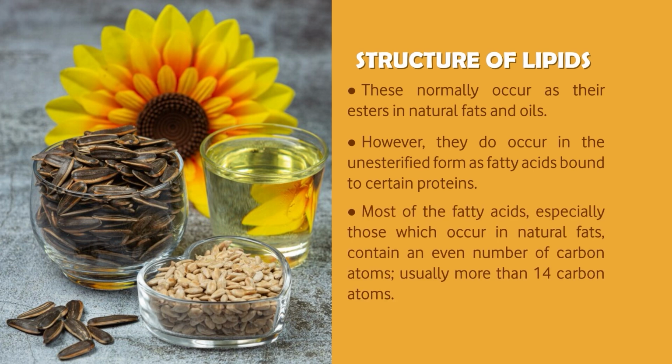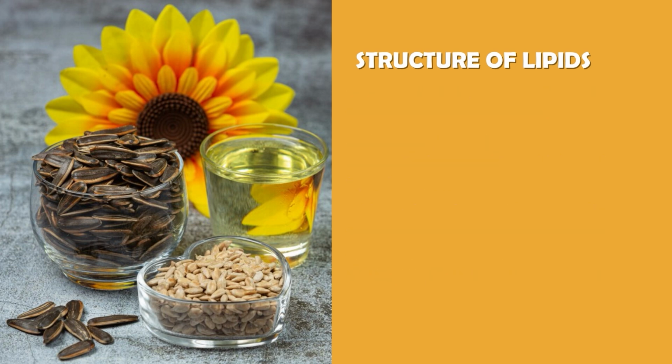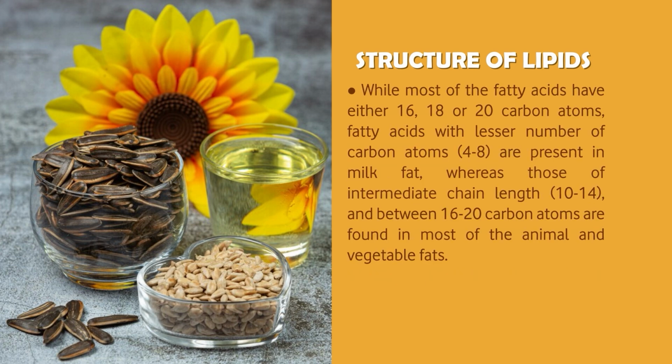Most of the fatty acids, especially those which occur in natural fats, contain an even number of carbon atoms, usually more than 14 carbon atoms, while most of the fatty acids have either 16, 18 or 20 carbon atoms.